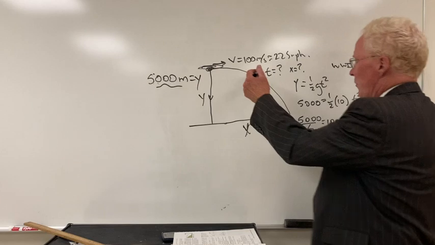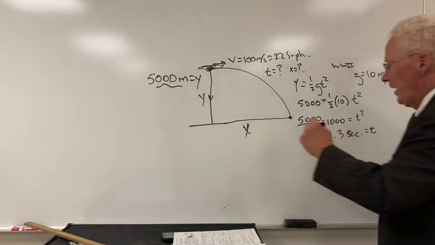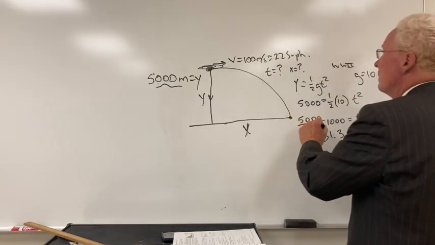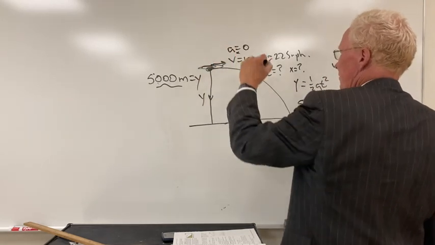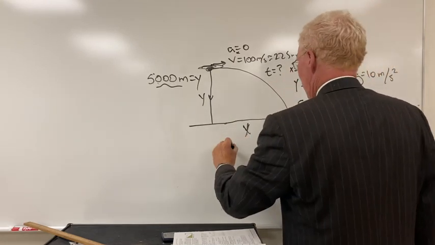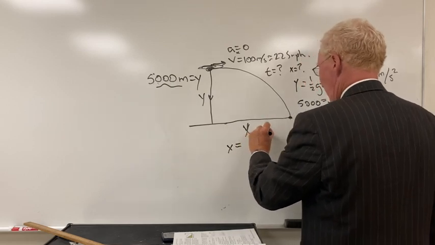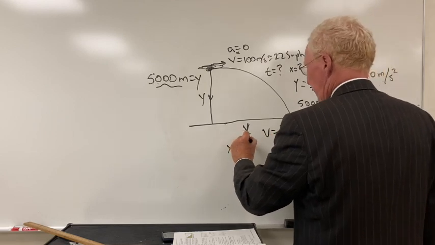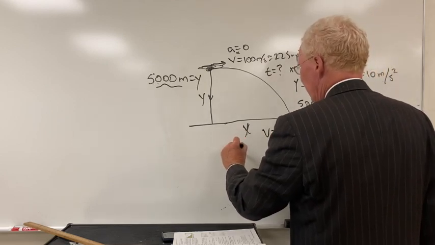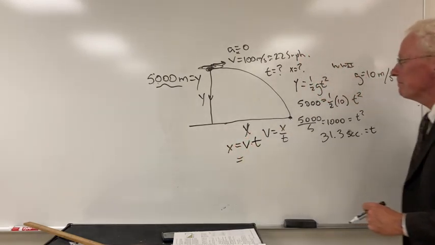In the meantime, if it's going 100 meters per second, 225 miles per hour, how far downstream is it actually going to fall? All right, well, in the x direction, acceleration is 0. So our expression for x is going to be, back from before, v is x over t, so x is going to be v times t, right?